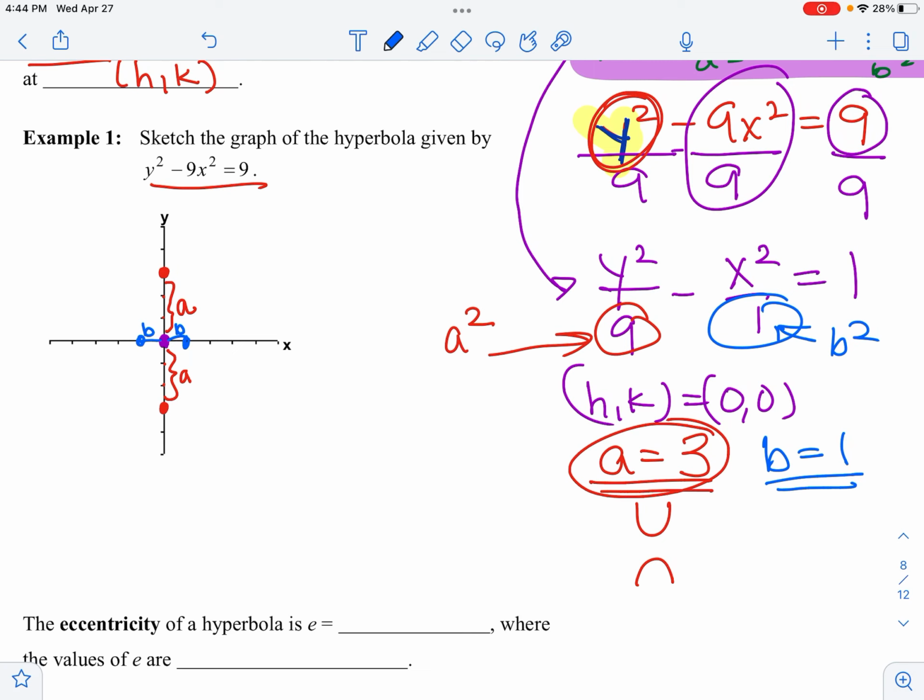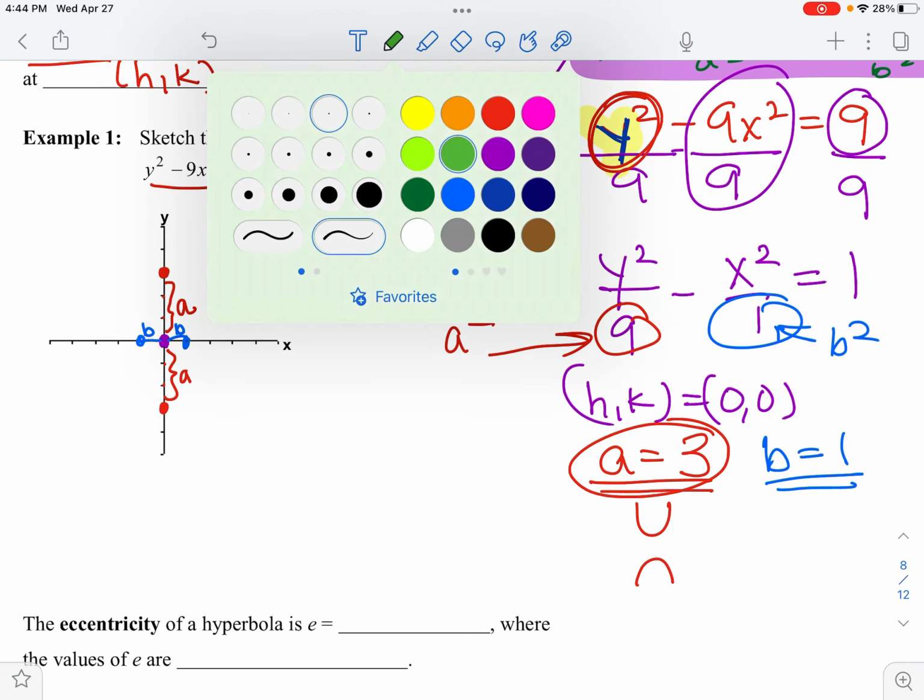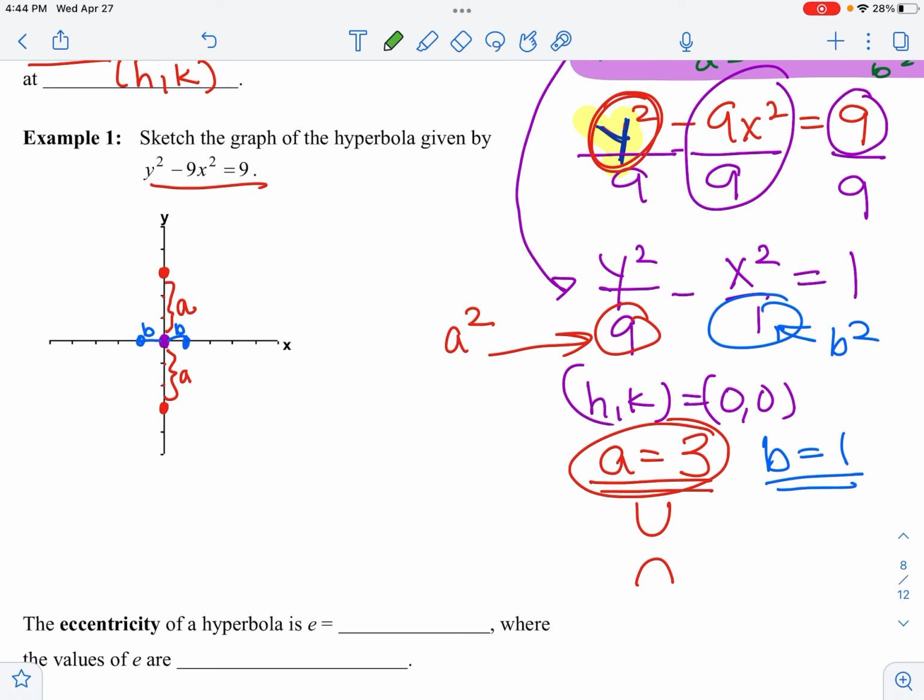Now, instead of drawing an ellipse like we did before, we're going to make our rectangle. So we're going to draw a rectangle of dimensions 2a and 2b. So we go across this way, and through it this way, and we make a rectangle that meets up like this. Okay, so here's what we're going to do with that rectangle.